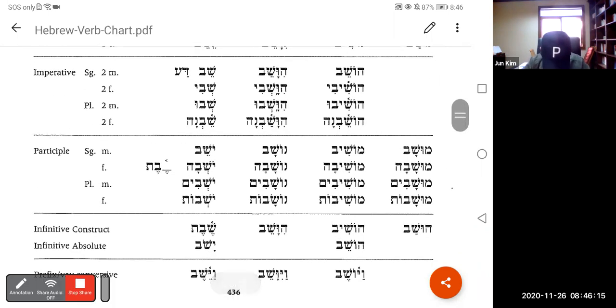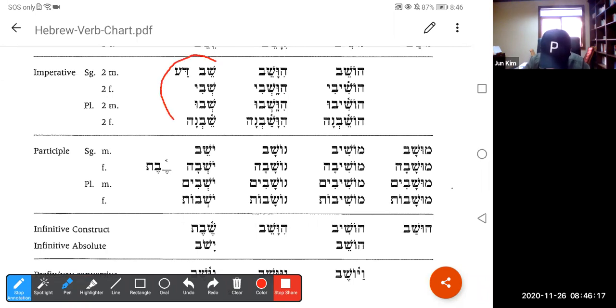Look at this imperative form for the first yod. As you can see, the first component of the yod is dropped off. Can you see that? The fact that it simply excludes the first yod, the weak sound, is the indicator of imperative form for the first yod verb.